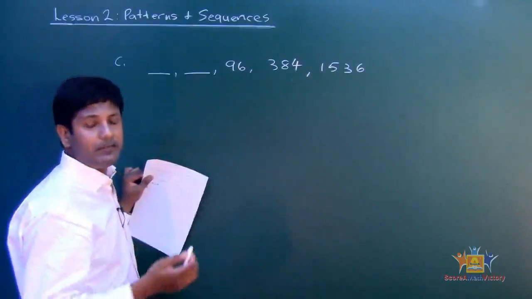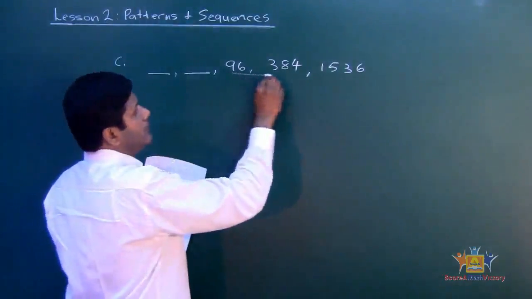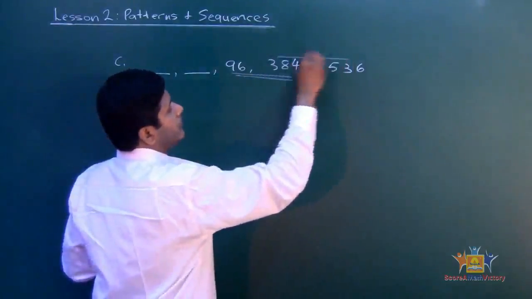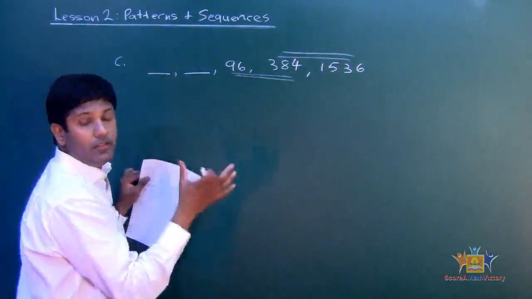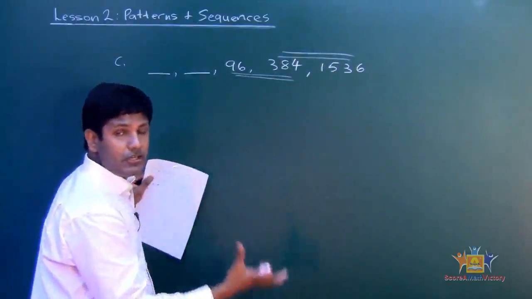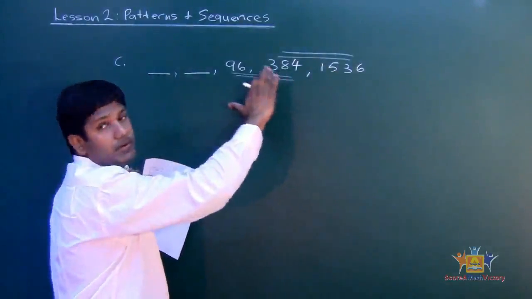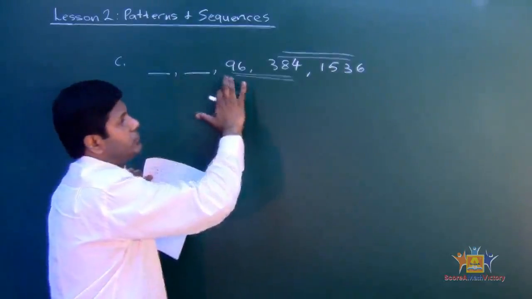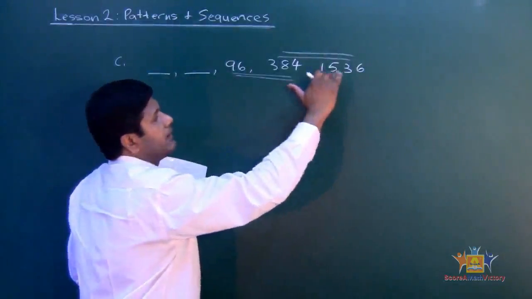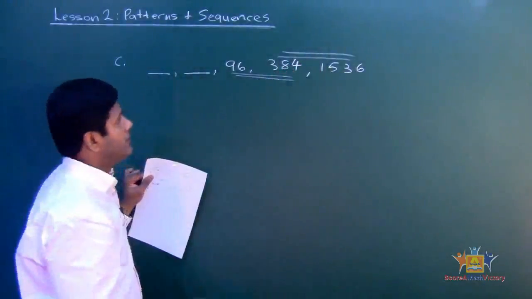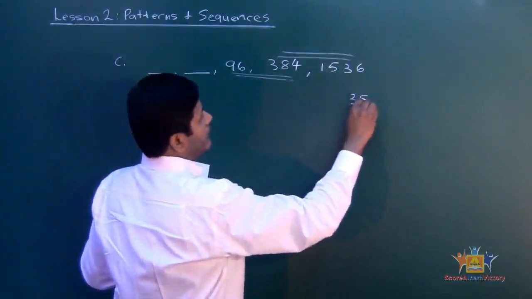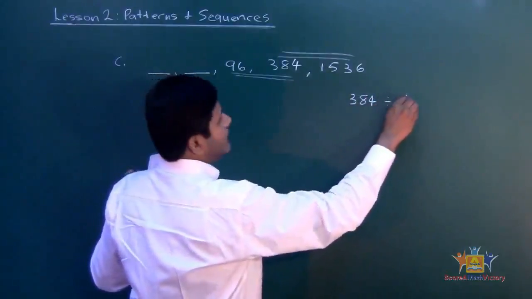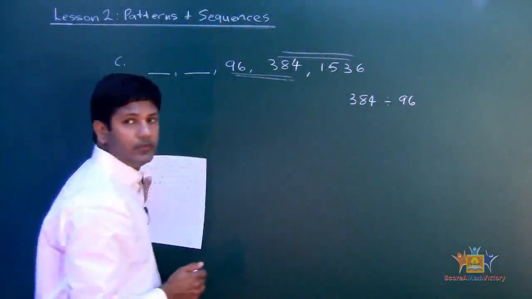Okay? So if it's multiplication, again we use the same principle. Find two sets of numbers, with the pair. So if it's going to be multiplication, what do we do? Take the second number divided by the first number, which should equal this set. So let's take these two. We can take 384 and divide that by 96.